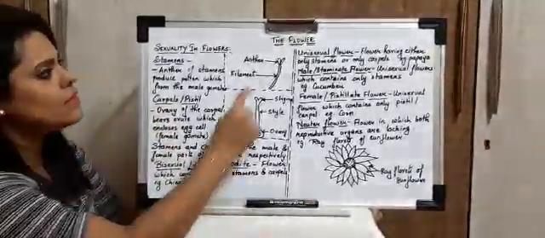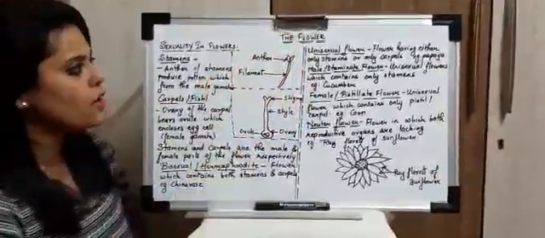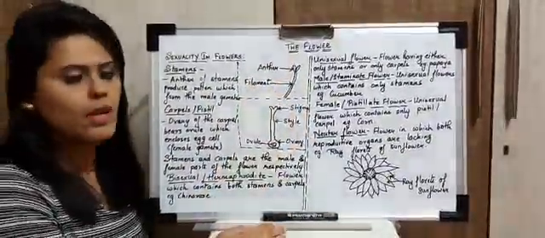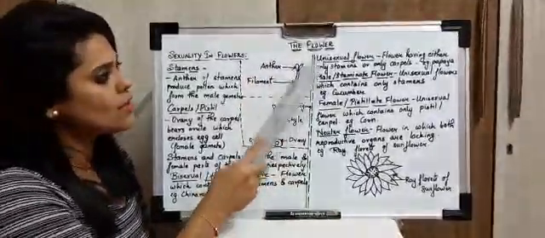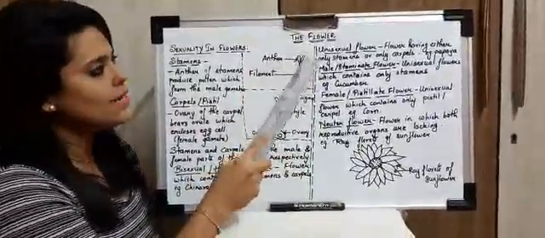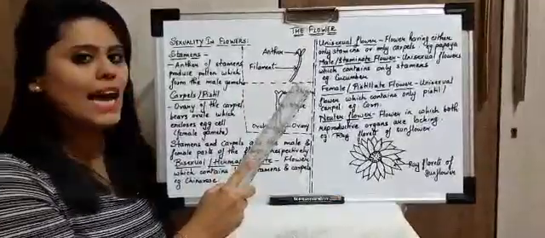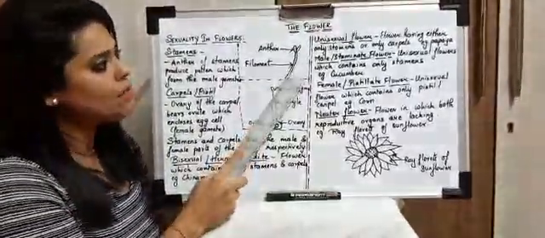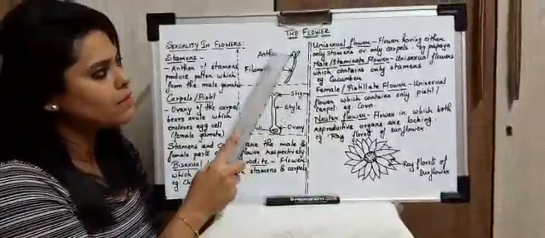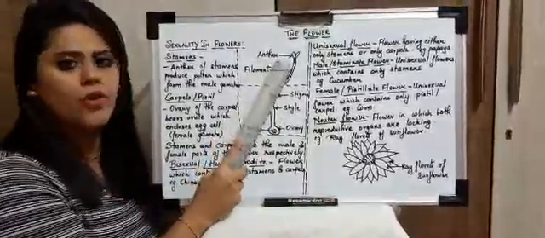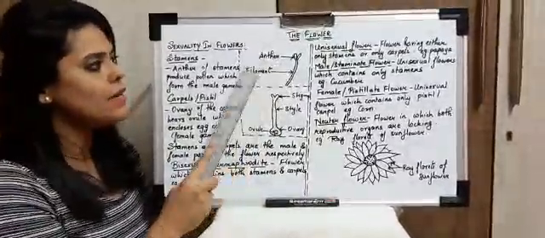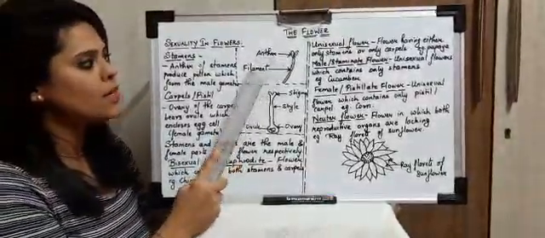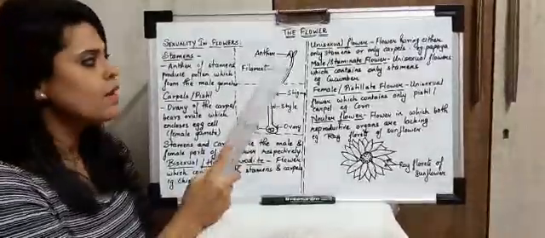Now stamens, again for your information, I have drawn the structure of the stamens. Please focus on this diagram. This is the diagram of the stamen which I had drawn in the structure of the flower. This stamen is divided into 2 parts, bilobed anther, if you all could remember, and the filament part. Now what is the role of the anther? What is the role of the filament?